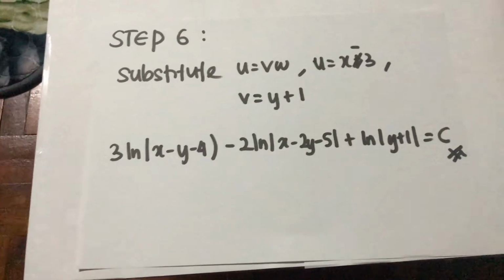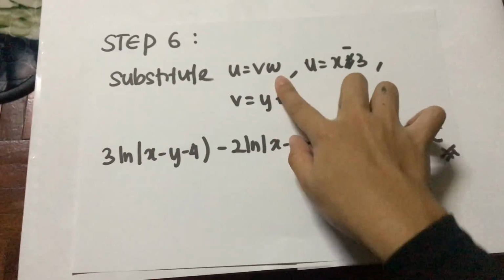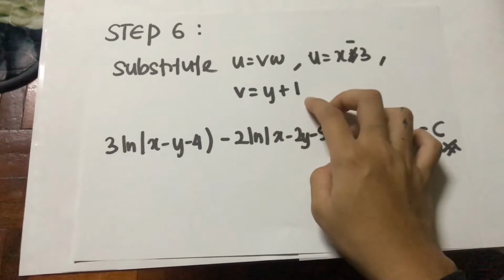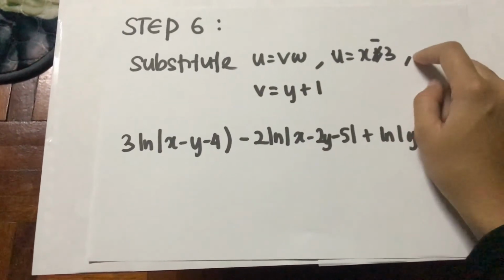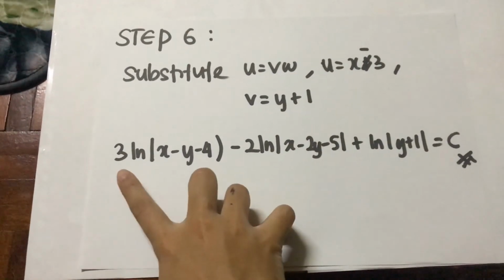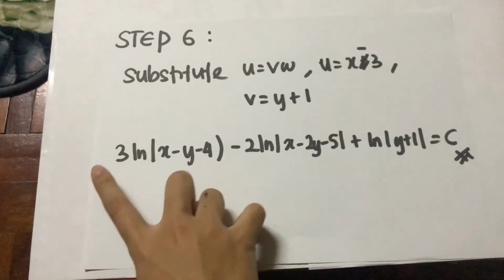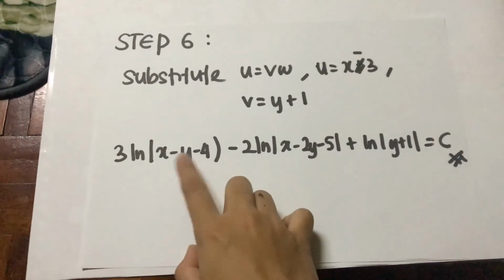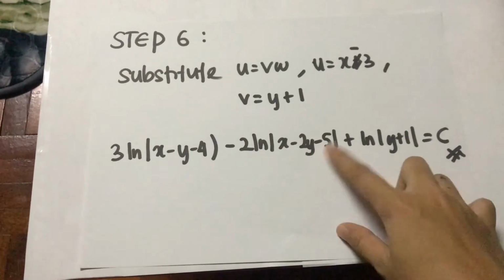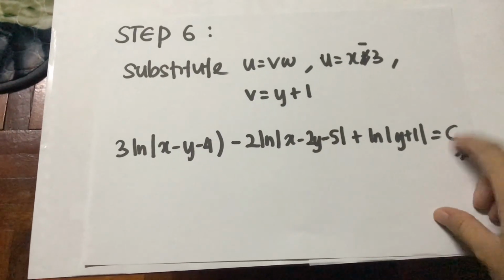As we know, u equals vw, u equals x plus 3, v equals y minus 1. So we substitute this into equation 2. After we substitute, the answer is 3 ln (x minus y minus 4) minus 2 ln (x minus 2y minus 5) plus ln (y plus 1) equals c.